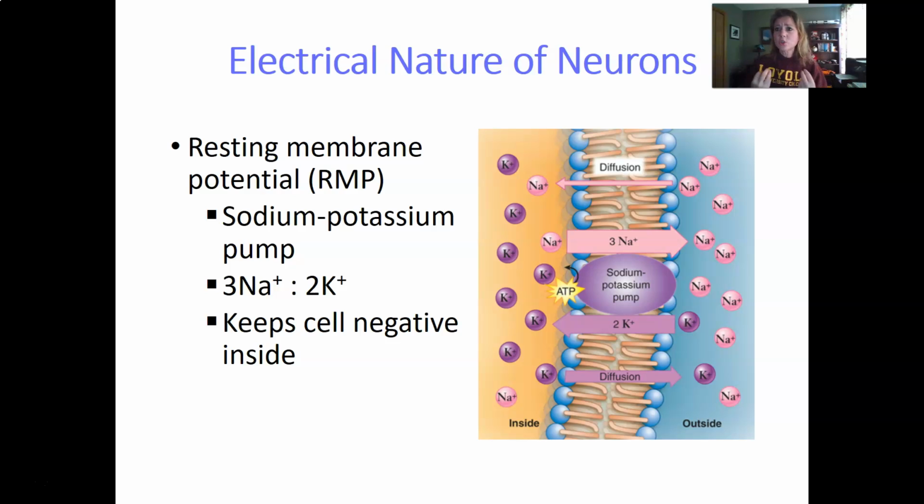And it happens so fast. I mean, it's going to take me like several minutes to explain this, but in our bodies, it's happening super duper fast. And the reason why we're able to respond almost instantaneously to stimuli is because of this ionic imbalance that exists on each side of the plasma membrane.